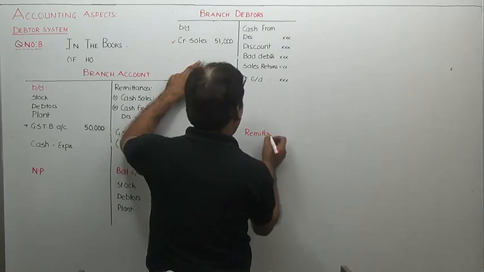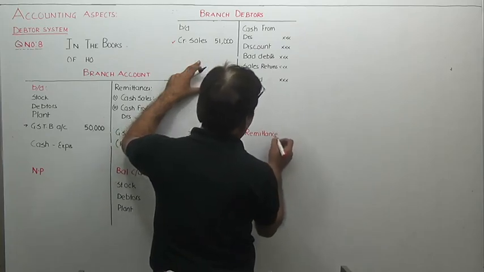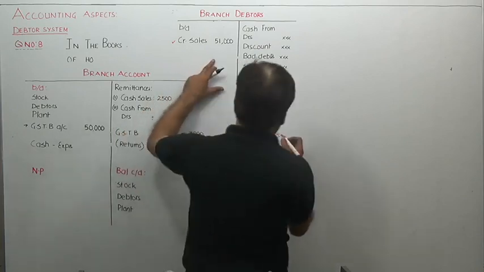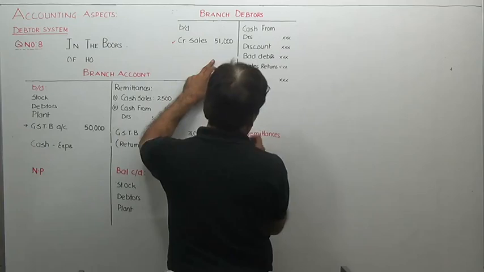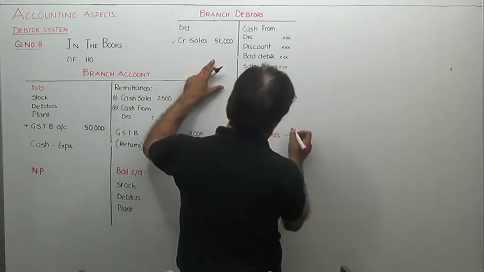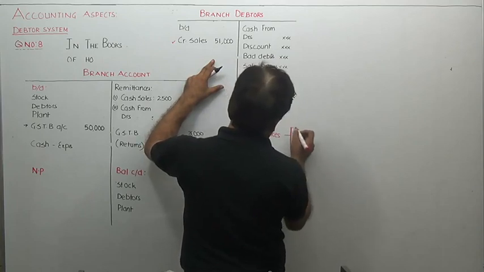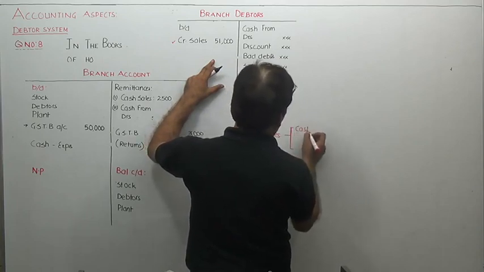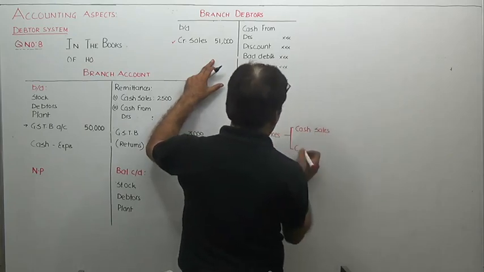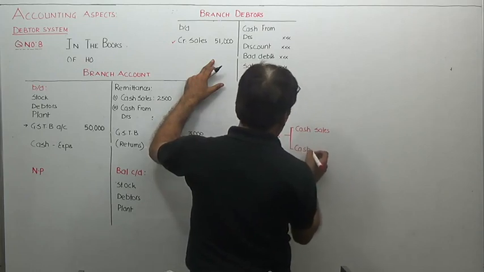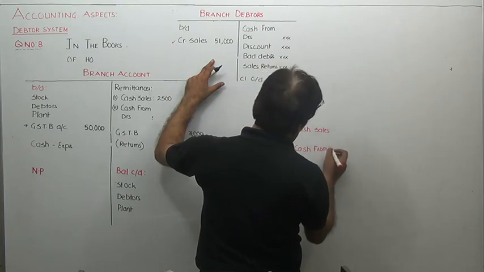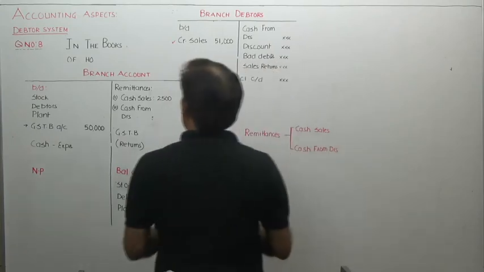And we are very well aware that remittances has two components: cash sales and cash received from debtors. These are two significant facets.